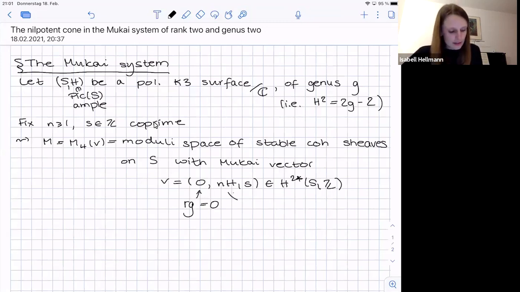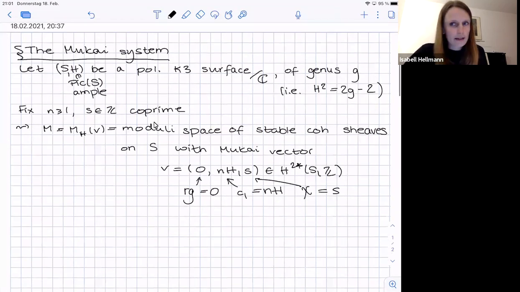But the second entry is the first Chern class. So it's non-zero, so all these sheaves I consider here are supported on curves. And the third entry gives the Euler characteristic, which I fix as s. In this notation, I also index by H, because when I say stable, I mean Gieseker stability, which actually depends on the choice of some ample class.